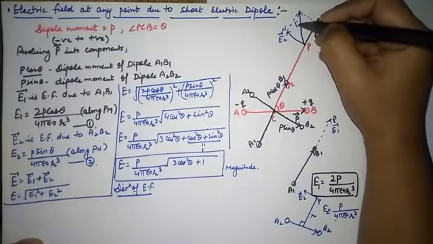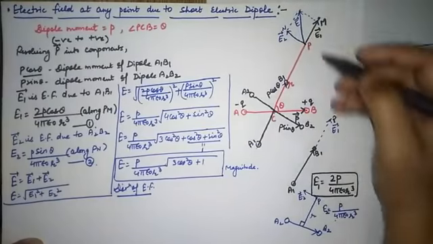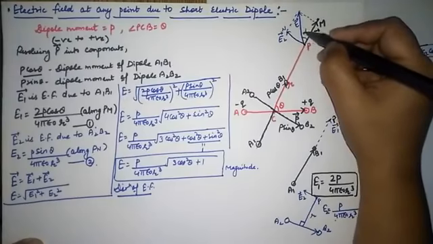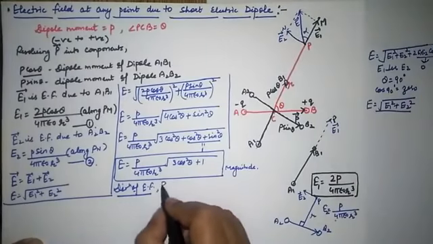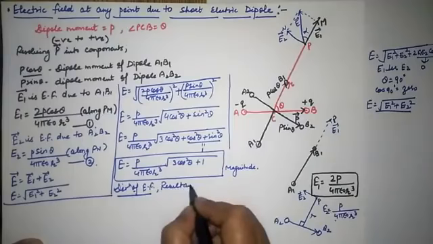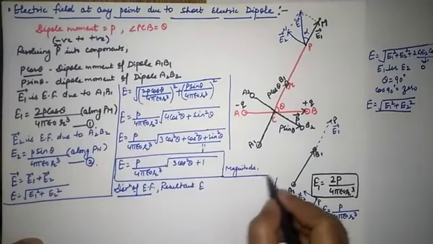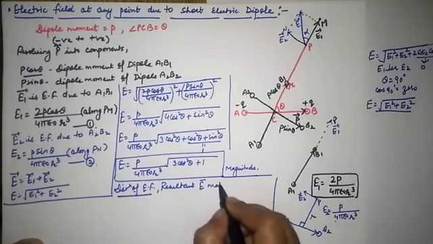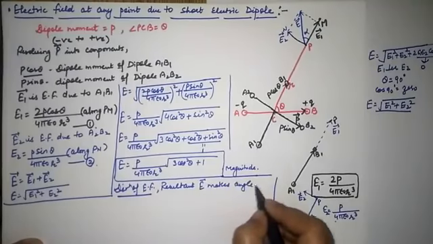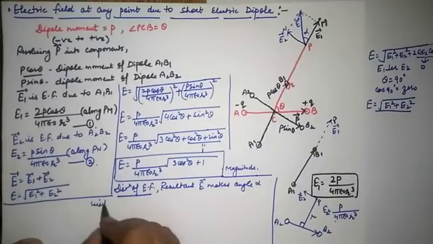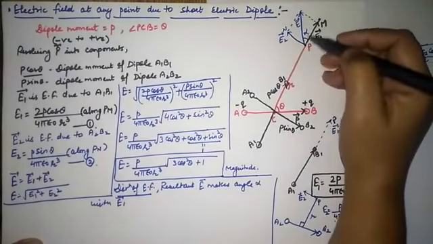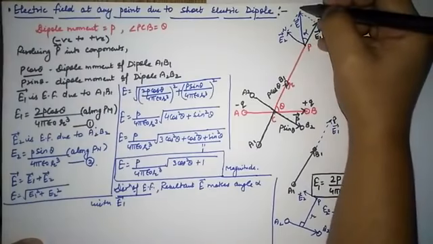And suppose this angle is alpha, means the resultant electric field E makes angle alpha with E1.